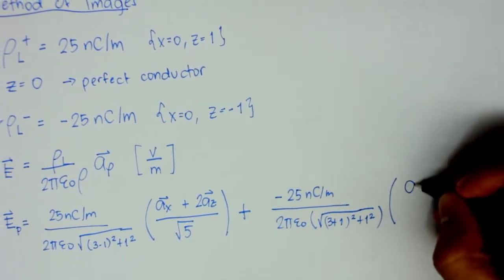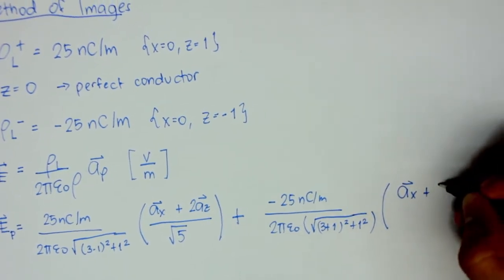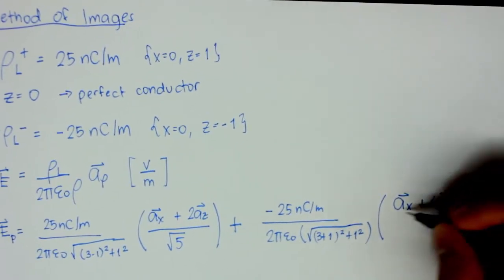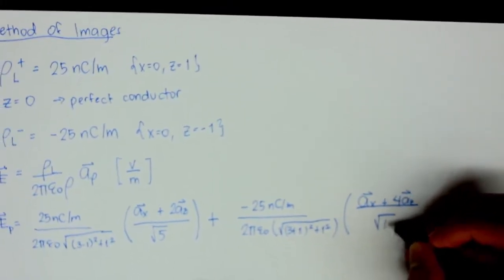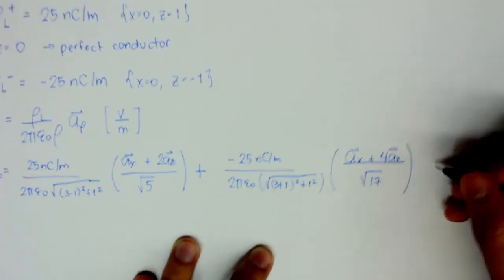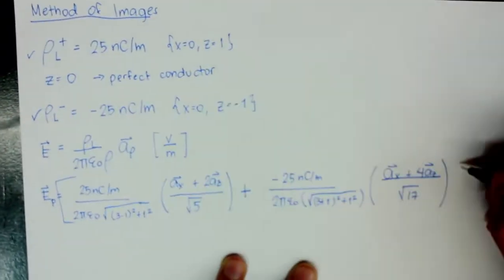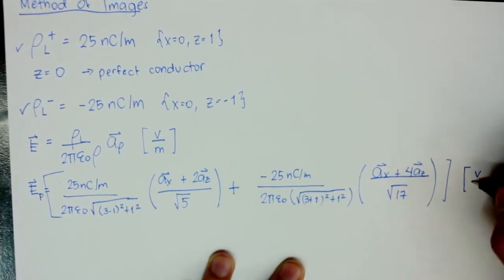Then the unit vector is ax hat plus 4 az hat all over square root of 17. The total will be in volts per meter.